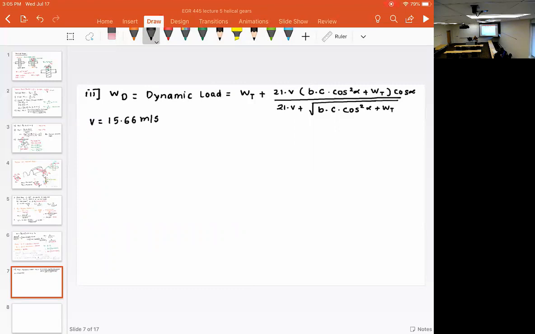We know the value of B. The only thing that we don't know here is the value of C. So for the value of C, we have to go back to the table, and it's a cast steel material. So it's a steel.